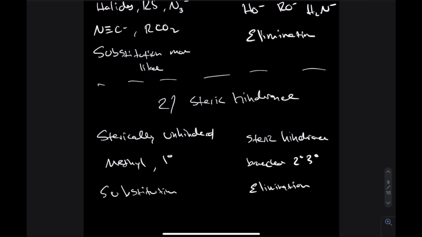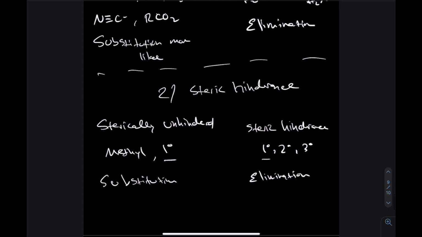I should be a bit clear here. Primary, secondary, and tertiary can all undergo elimination, so there's ambiguity in primary carbons there. But with steric hindrance, typically you prefer less steric hindrance, substitution is the preferred outcome. And with steric hindrance, branching is particularly advantageous in elimination.